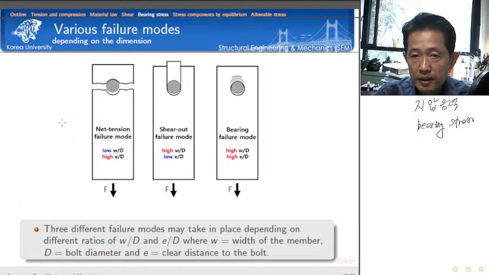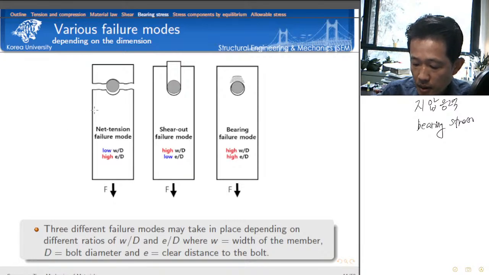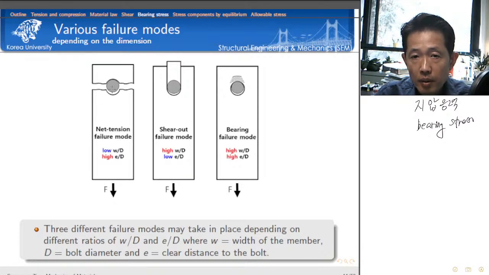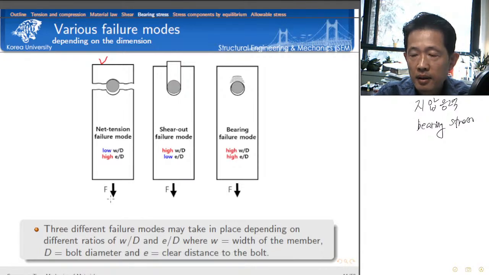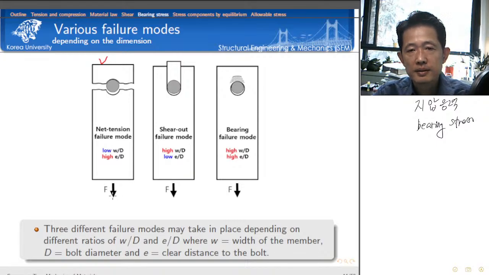Okay, so let's consider a member fastened by using a rivet or bolt, or you can consider a nail. Let's imagine that we apply a force to the bottom of the member. Then there must be three different failure mechanisms.